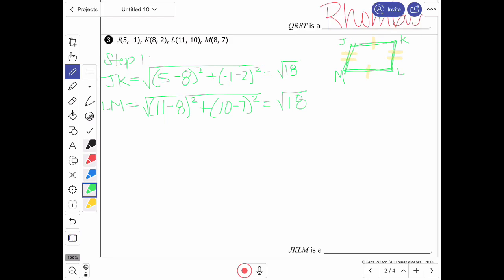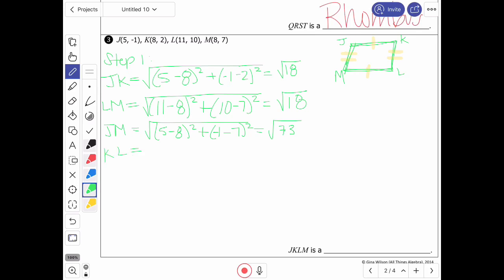Next, I'm going to check JM and KL. I get radical 9 plus 64, which turns into radical 73. And then I'm going to try KL.